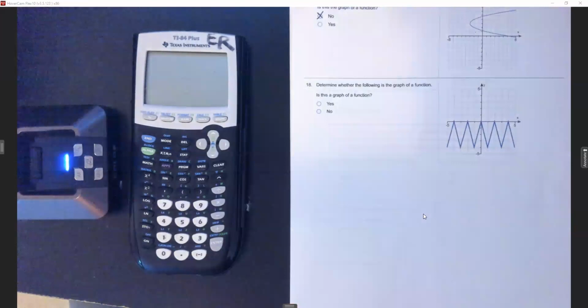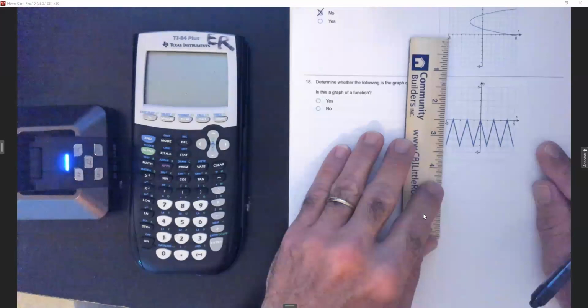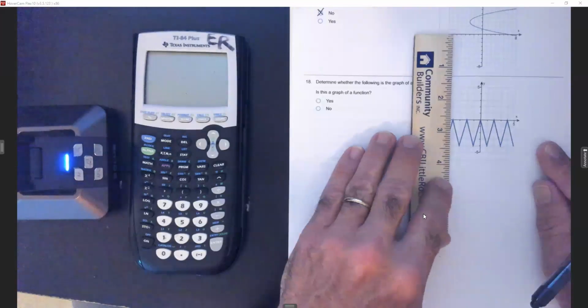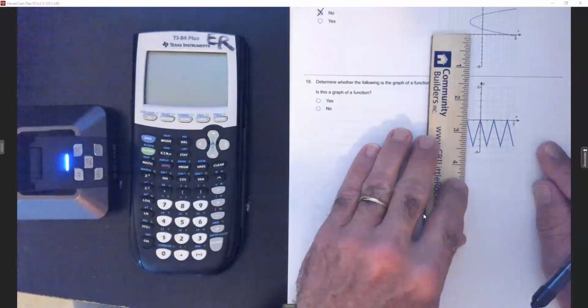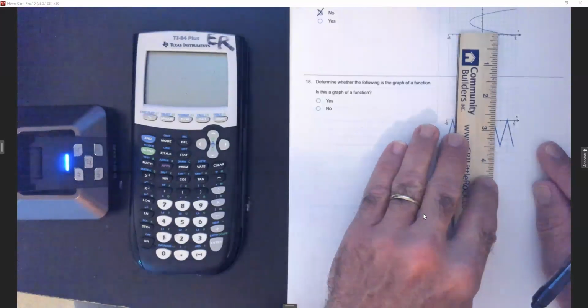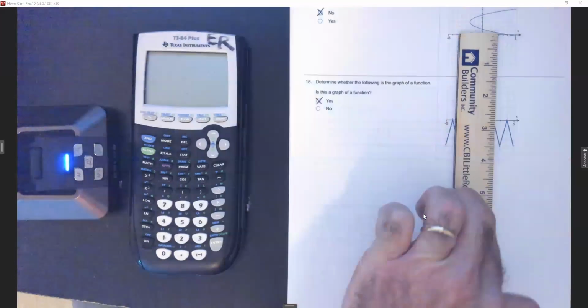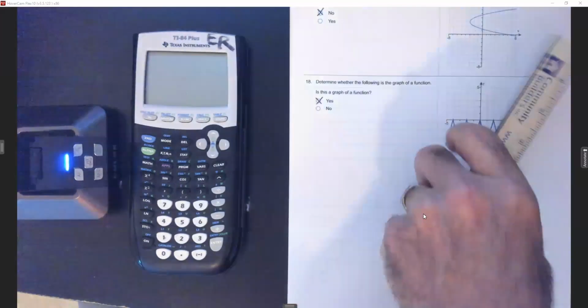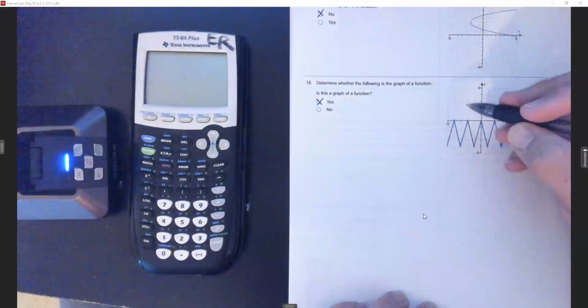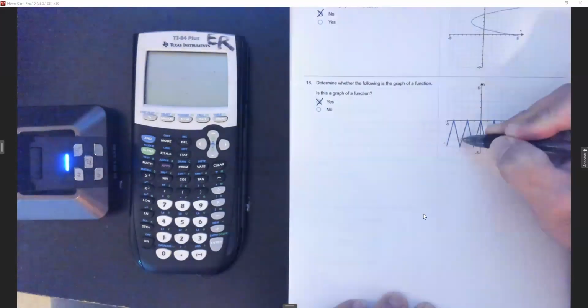It looks like a lot of jaggedy edges, doesn't it? But guess what, it is a function. If you go left to right, it's only intersecting once everywhere on there, right? So since it's only intersecting the graph once everywhere, it's going to be a yes. And all you've got to do is think about it: do all my x's only have one y value they're going to? Okay.